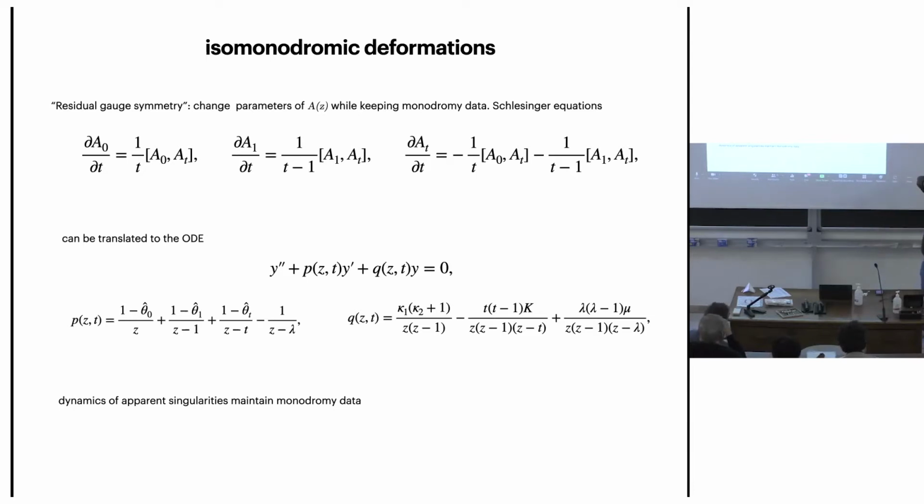So this is the residual gauge symmetry that you have in the system. Even though you set the system to be this second order differential equation from the first order matrix system, you still have some residual symmetry. It has to do with the position of this extra apparent singularity that you have in the second order differential equation.